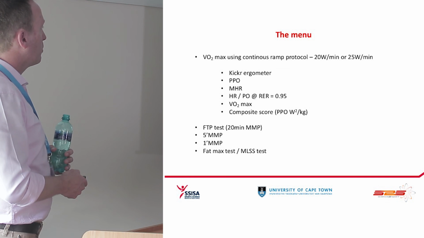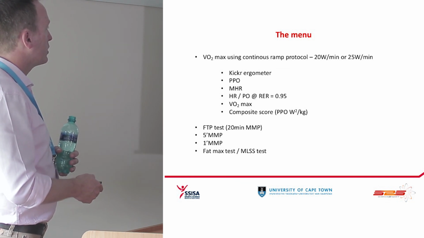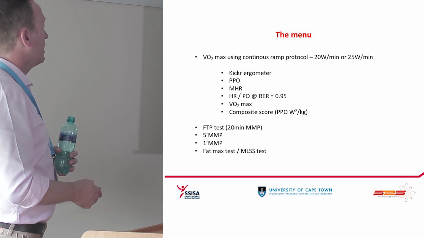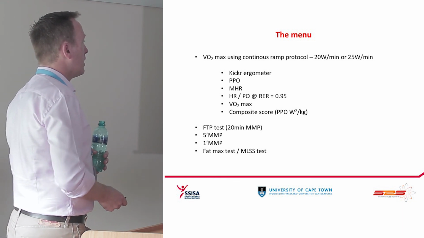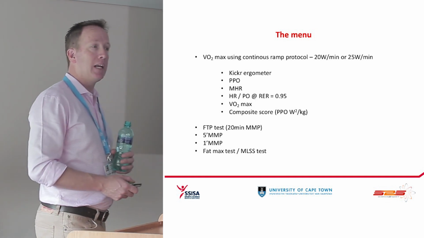And we look at peak power output, your maximal heart rate, your heart rate and power at the respiratory exchange ratio of 0.95. We report VO2 max because people like it. And the one that we do also report is your composite score. And this is your peak power output watts squared divided by your mass in kilos.